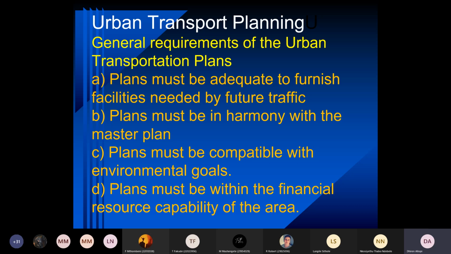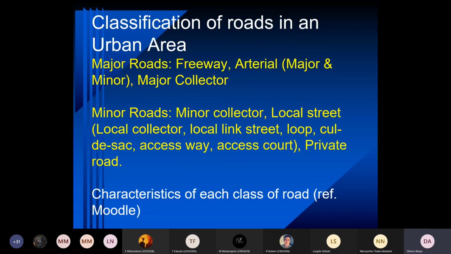And then of course, one needs to design, or plans must be within the financial resource. It's pointless coming up with a plan and you don't have the budget to meet that. So certainly the financial resource capability is another important factor to take into account. And then finally, if you look at your notes, you will find there's some information at the end of this chapter that deals with classification of roads.